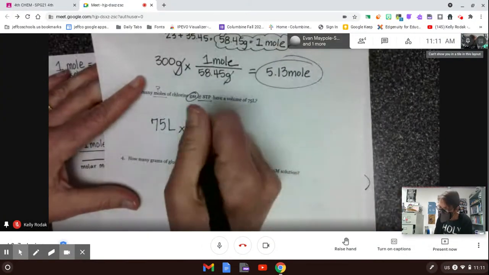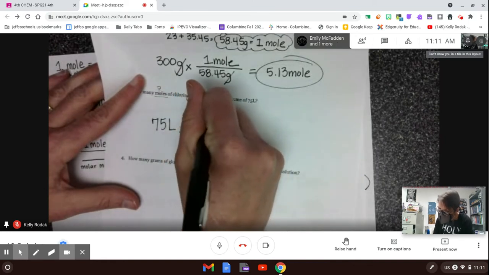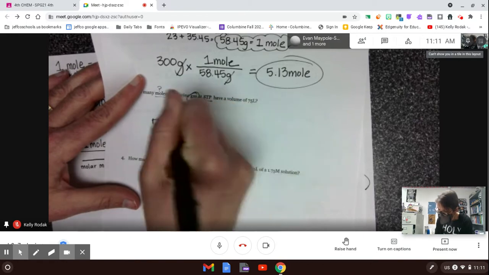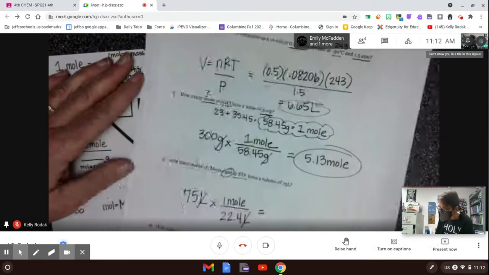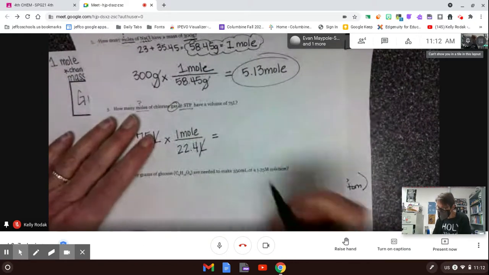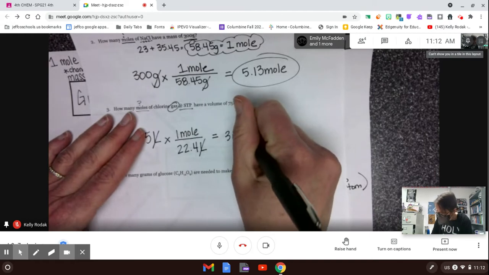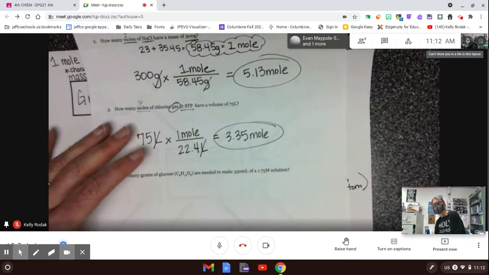So we put the 75 liters, we put the conversion fact as 1 mole on the top and the 22.4 liters on the bottom so that the units cancel, that's what the map told us to do. And then we do 75 times 1 divided by 22.4. We get 3.35 moles. And again, we'll circle our answer.